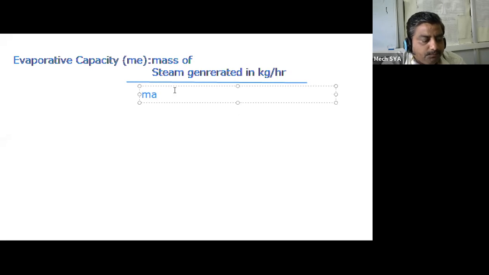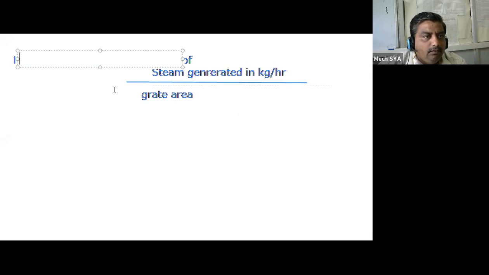Mass of steam divided by area of grate, or grate area. What is the unit? Somebody, I want everybody to tell me the unit.